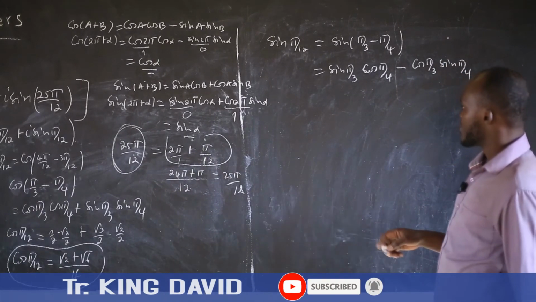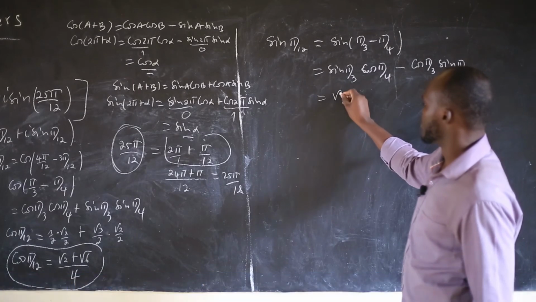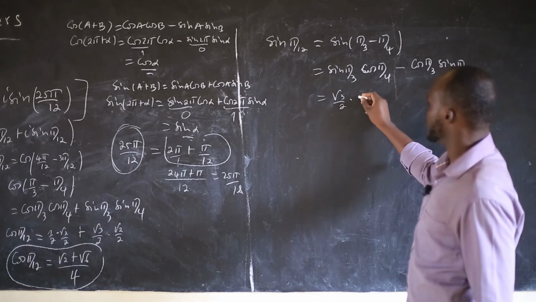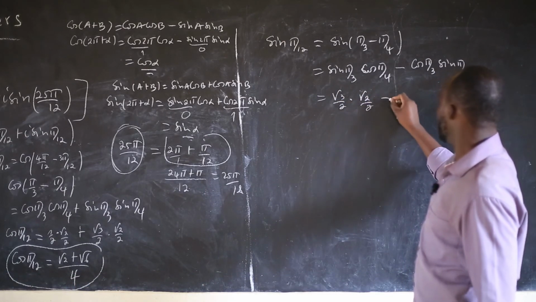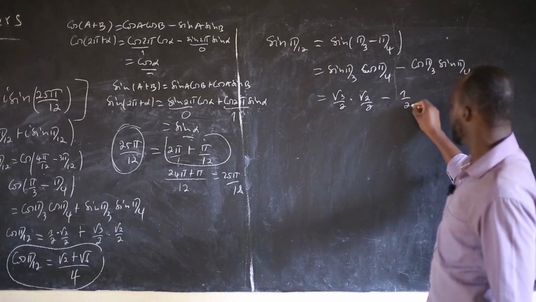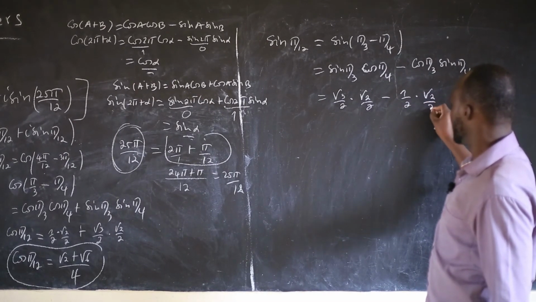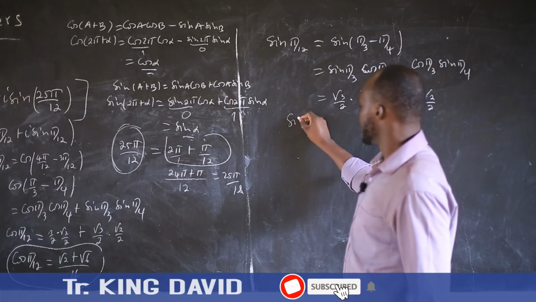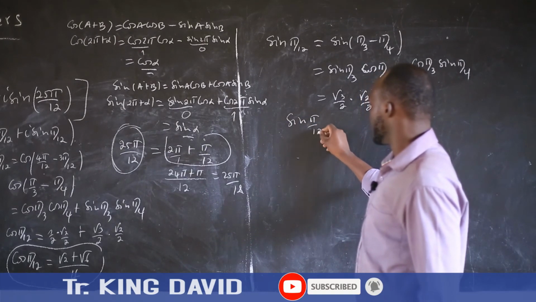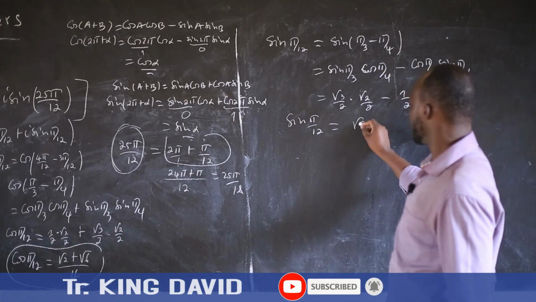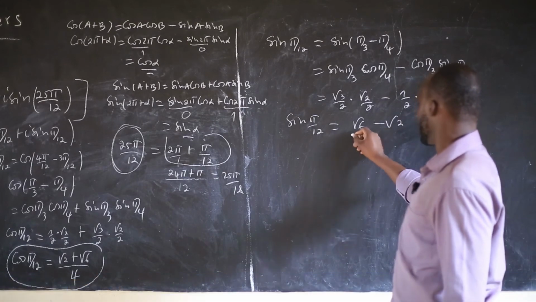So that's root 3 over 2 times root 2 over 2 minus a half times root 2 over 2. So sin pi over 12, the answer is root 6 minus root 2 over 4.